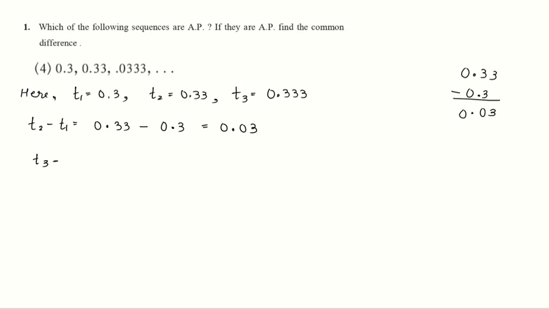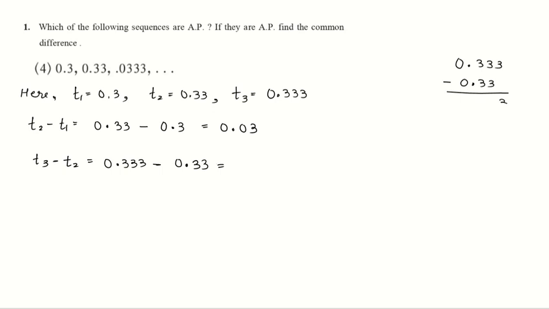Let's take the next term. T3 minus T2 is equal to 0.333 minus 0.33. I will do the calculation here: 0.333 minus 0.33.